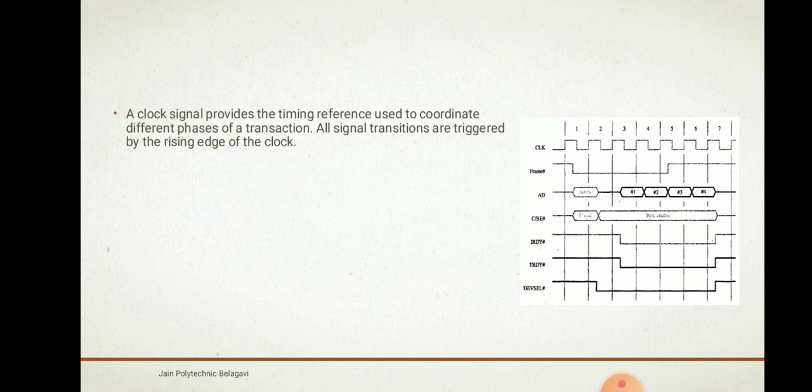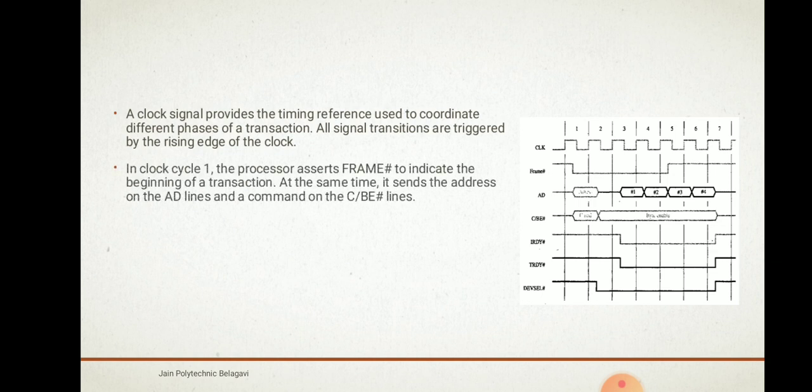Now in clock cycle 1, as you can see here, the processor asserts the FRAME# signal at the rising edge of the clock. It is the beginning of a transaction. At the same time, it sends the address on the AD lines and a command on the C/BE lines.